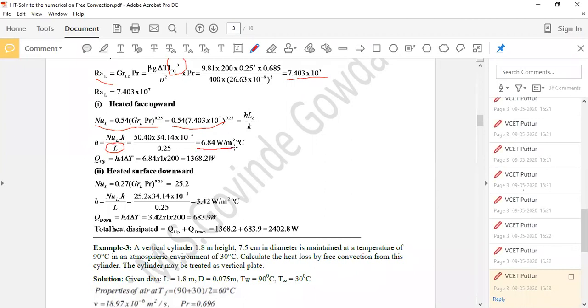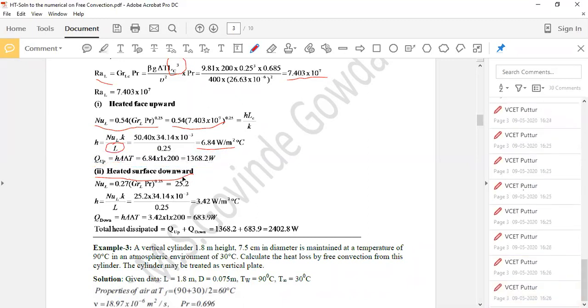Remember that, and hence you will calculate the average heat transfer coefficient. It comes out to be 6.84 watt per meter square degree centigrade. Hence, the heat transfer from the upper surface, where the heated surface is facing up, comes out to be 1.37 kilowatt or 1368.2 watt. Now, from the lower horizontal face, which is nothing but the heated surface facing down.